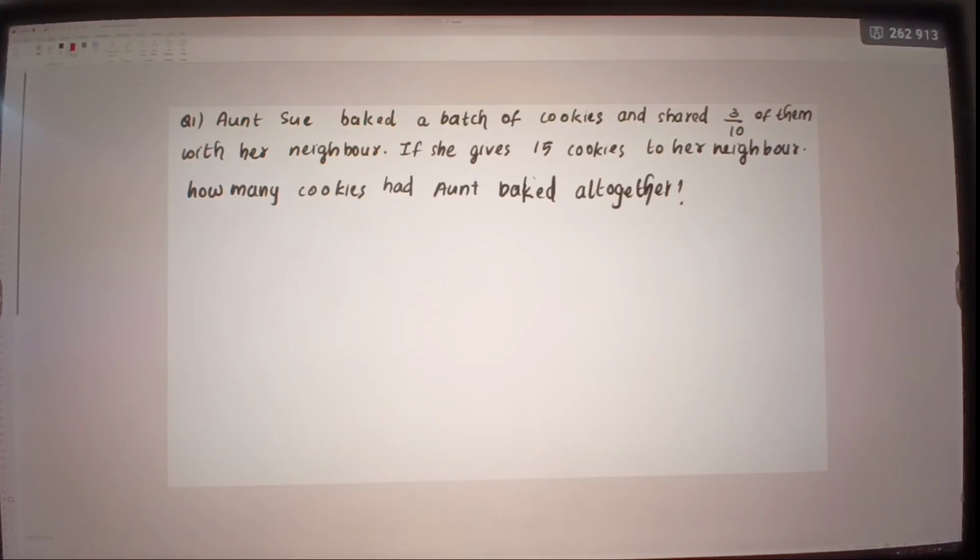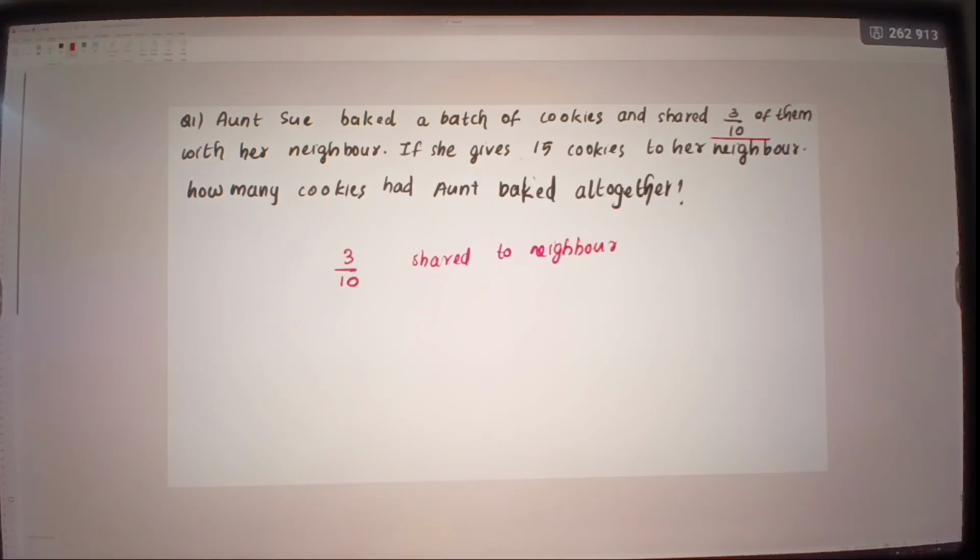Okay, so this is equivalent fraction word problems. So look at this problem. It is given that Sue bakes cookies and shared 3 out of 10 with the neighbor. 3 out of 10 shared to neighbor.